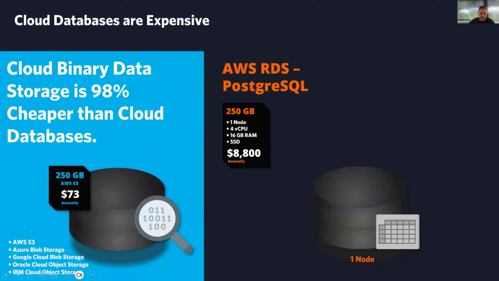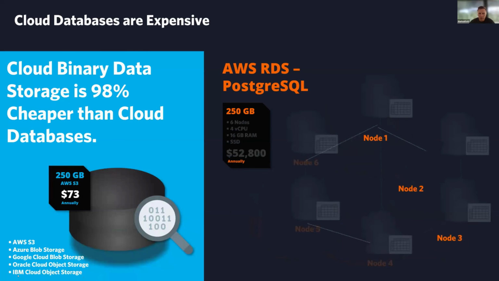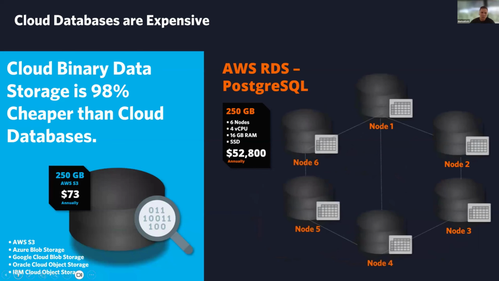It's very expensive, and the more nodes you run for replication to share the load on the database, the more you have to pay, of course. With binary data storage, it's only $73 annually. This is the reason why we talk about more than 96% database cost savings in the cloud.